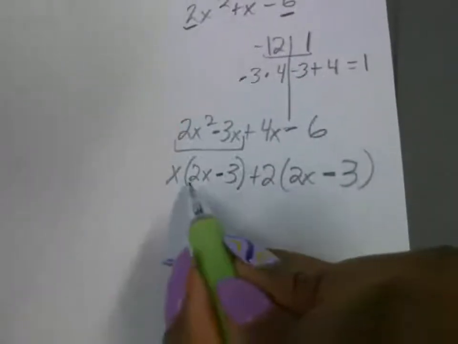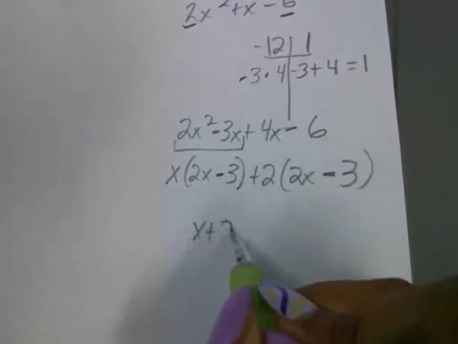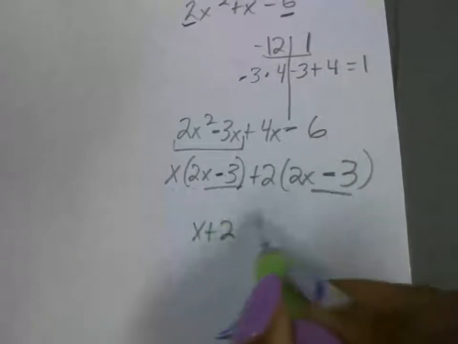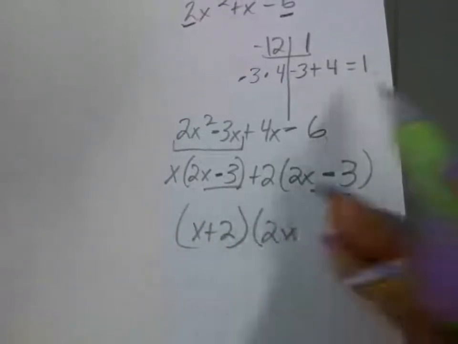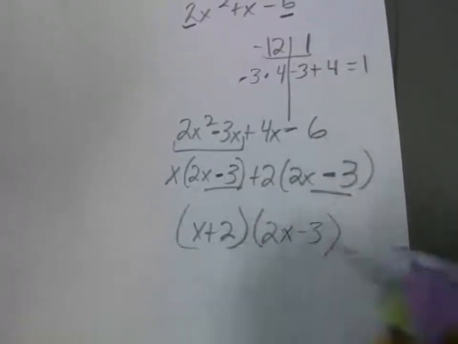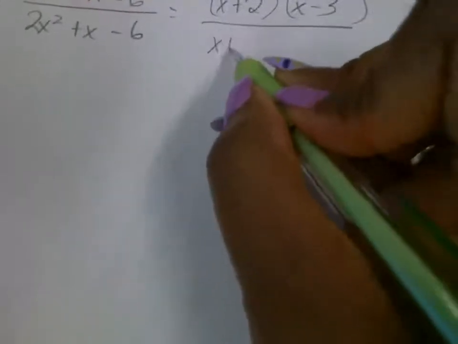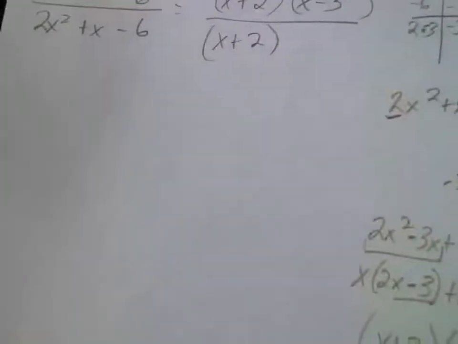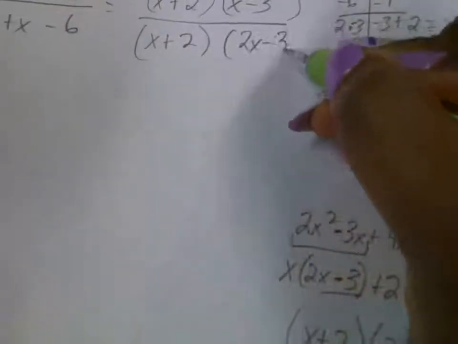So what I notice is x and the plus 2 are being multiplied by the same binomial, 2x minus 3. So on the bottom, I get x plus 2 times 2x minus 3.